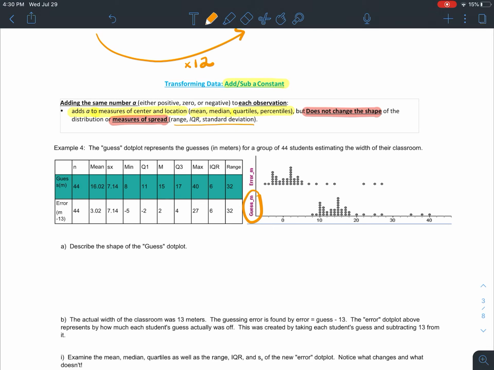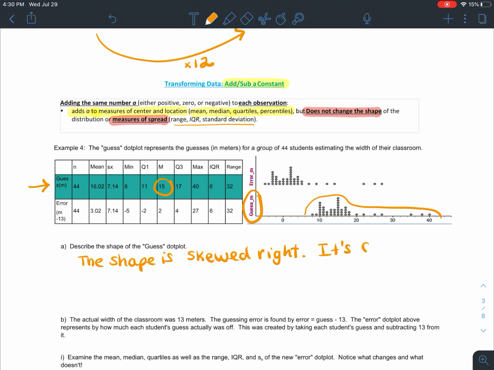Since the shape of this is somewhat skewed right, I'm going to say the shape is skewed right. And because it's skewed, it's better for me to describe the center using the median than the mean, because if I've got some potential outliers here, I want to steer away from the mean and stay closer to the median.